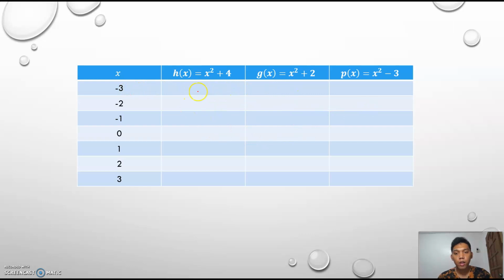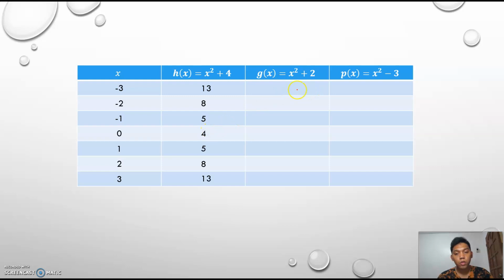So let's proceed. We're going to use these three functions. To solve these values, you can use your calculator. We have here -3, so the value will be -3 squared plus 4. -3 squared is 9 plus 4, so that's 13. Then -2 squared is 4 plus 4, 8. -1, so 1 plus 4, that's 5, and so on.